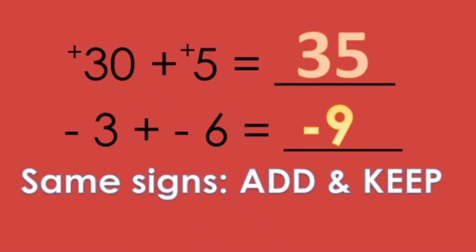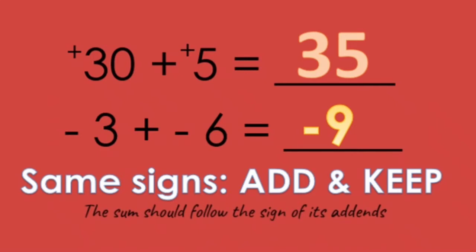So, we can summarize that same signs, we just add them and keep the sign. And the sum should follow the sign of its addends. Just like in 30 and 5, the answer is positive. And we have negative 3 and negative 6, and the answer is also a negative.